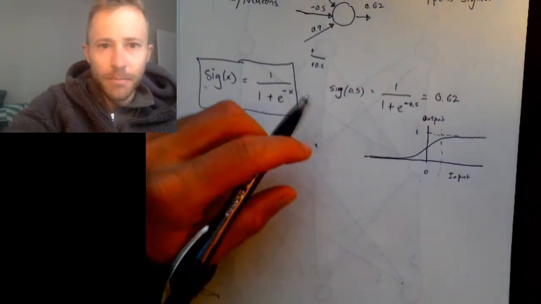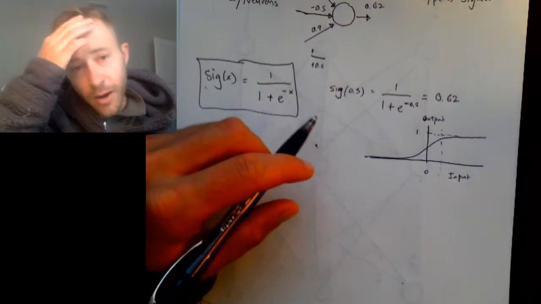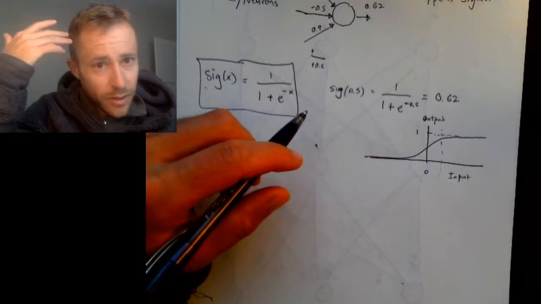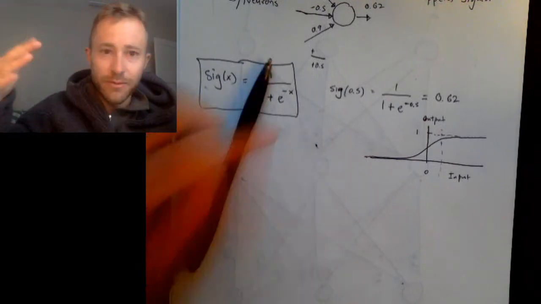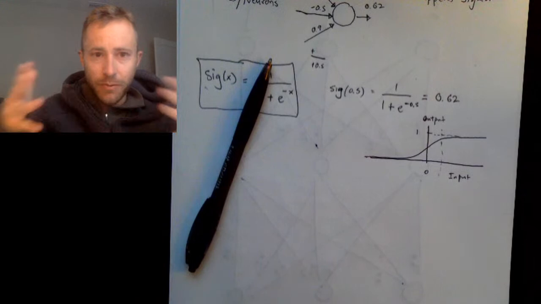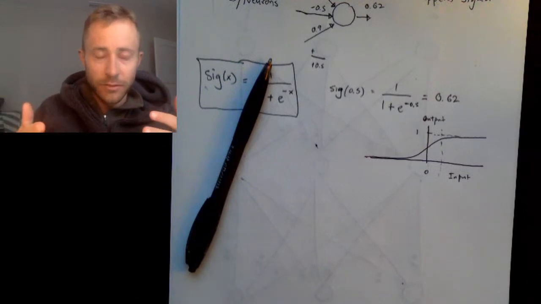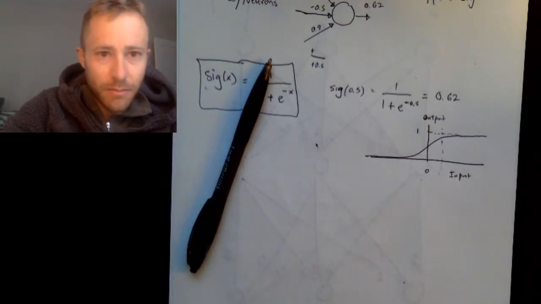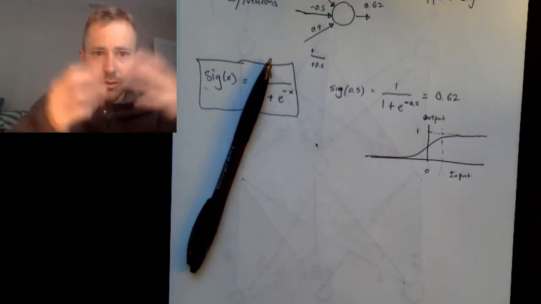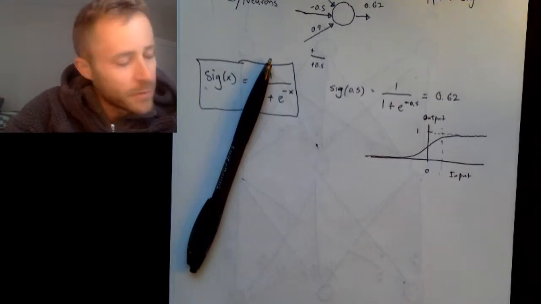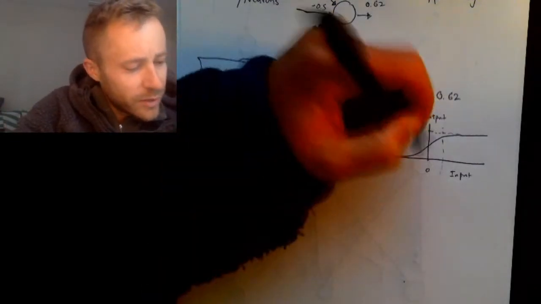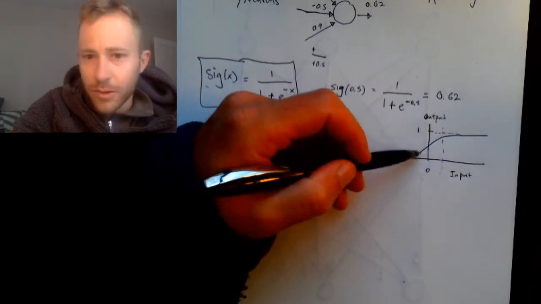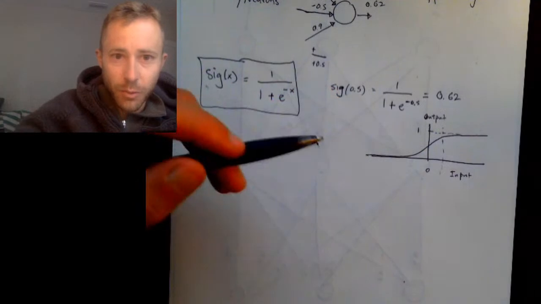This is how actual neurons, like in your brain, work. They have inputs to them, and if the input is big enough, then the neuron decides, okay, I'm going to fire, and it sends that output further through the network. If the input to that neuron is too small, then the output is going to be small and it's not going to pass it forward.